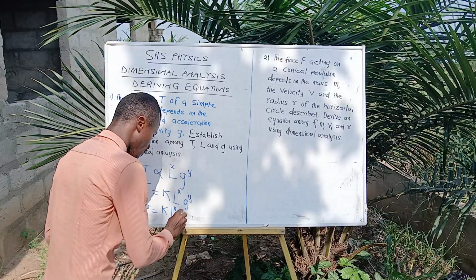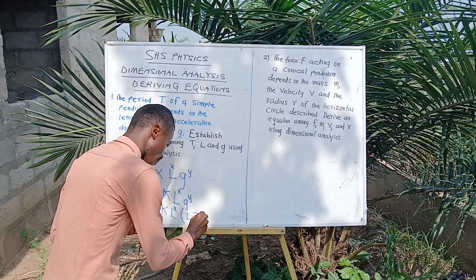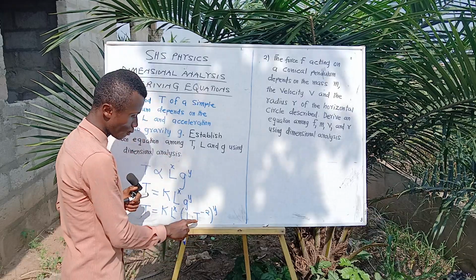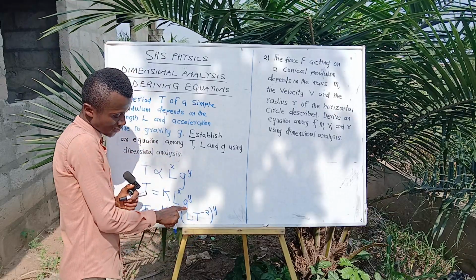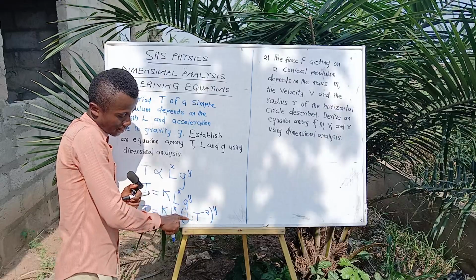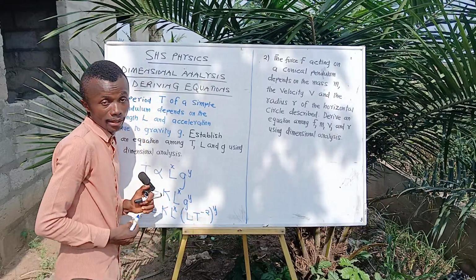So we have k, L to the power x, times L T to the power negative 2, all to the power y. So L T to the power negative 2 stands for acceleration. That is, in fact, the dimension for acceleration, all to the power y.